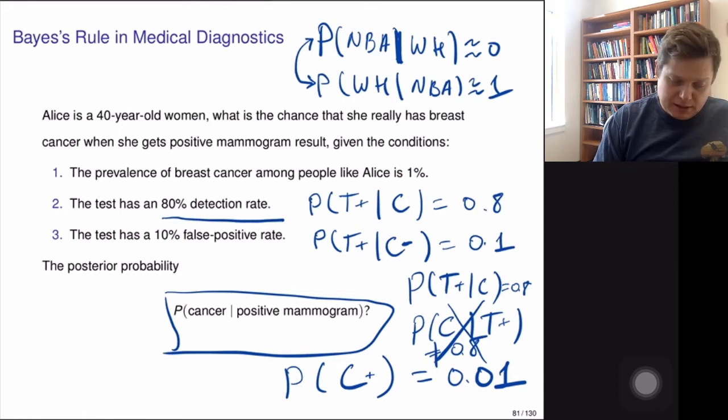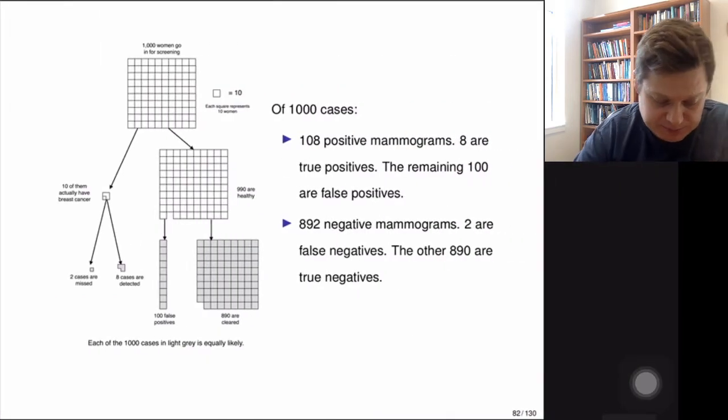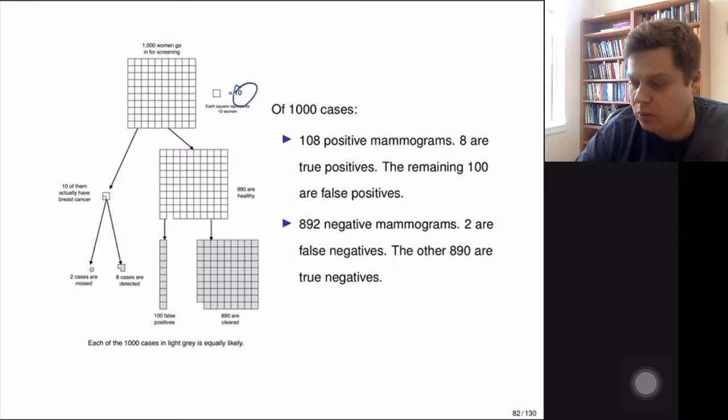All right. So let's look at this graphically. Here is an example where we have a population of 1,000 women. Each little square here is 10 people. We have 100 squares.